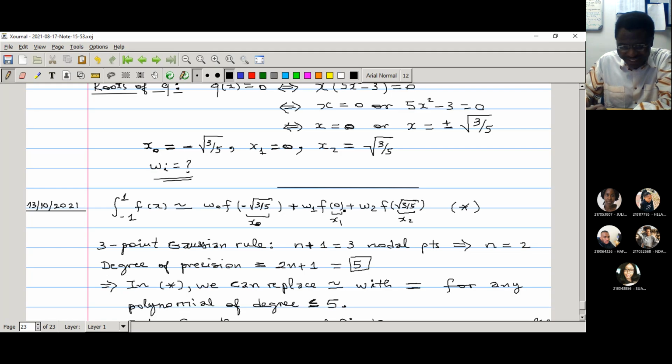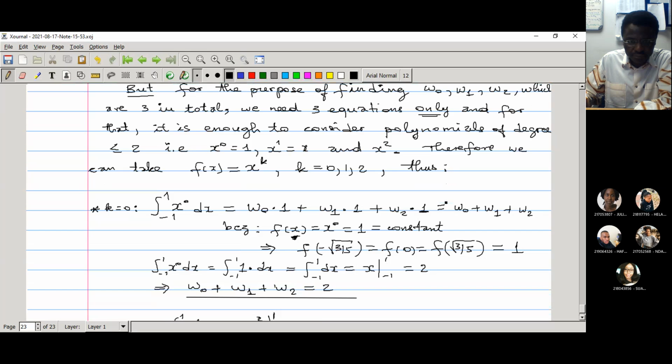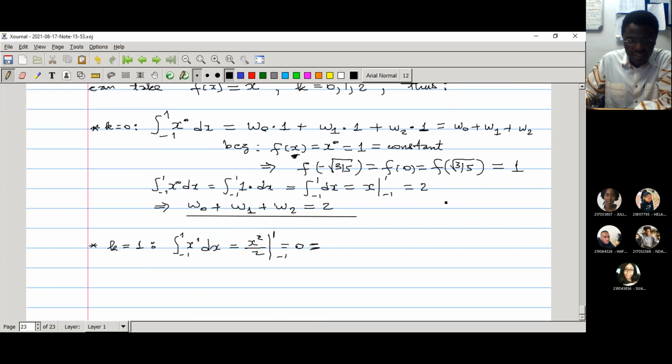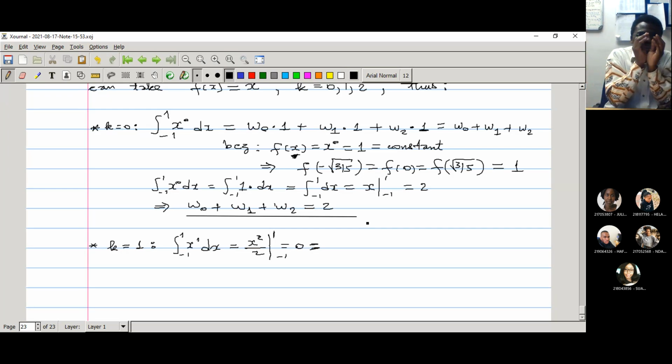Now we need to substitute the right-hand side. Now what is the right-hand side? f of x here is x, meaning that the value taken by x is equal to its argument. So whatever x is, that's the value of f of x, right?